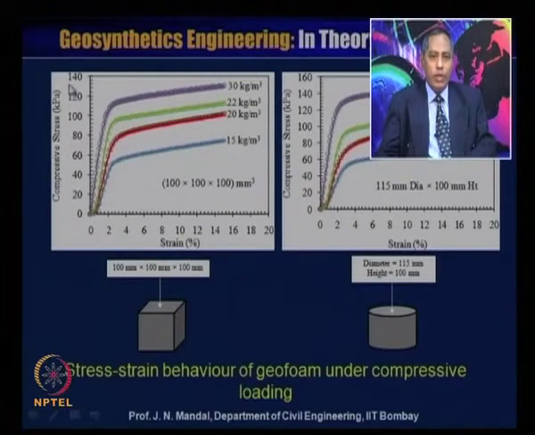The y axis is the compressive stress in kilopascal and the x axis is the strain. You can see the nature of the stress strain behavior of the geofoam under compression. Initially it moves a little horizontally, with some strain but no stress, and then the compressive stress increases like this.